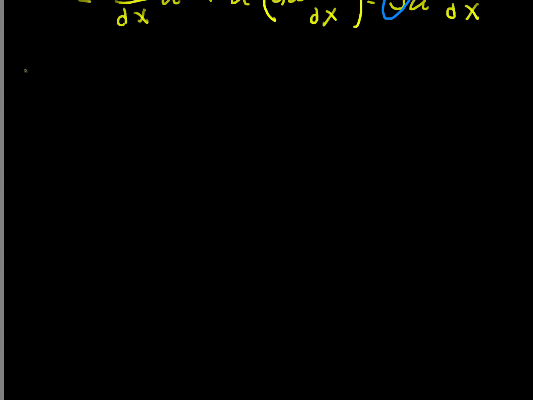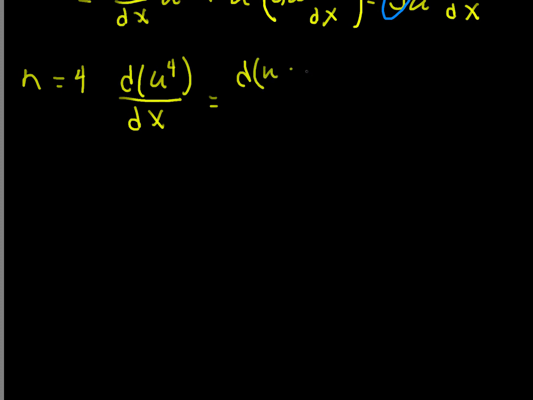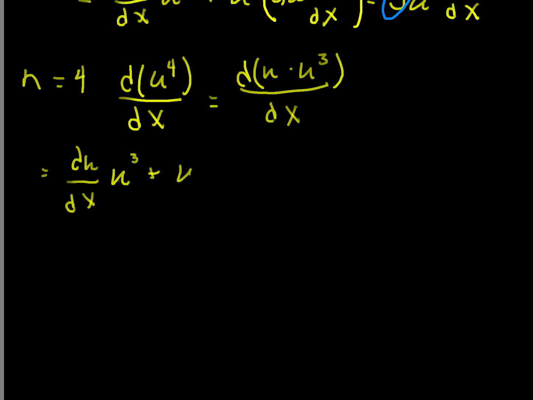If n equals 4, the derivative of u to the fourth with respect to x, I'll write it this way, d of u times u cubed, dx, which is equal to the differential of u dx times u cubed plus u times the differential of u cubed dx.